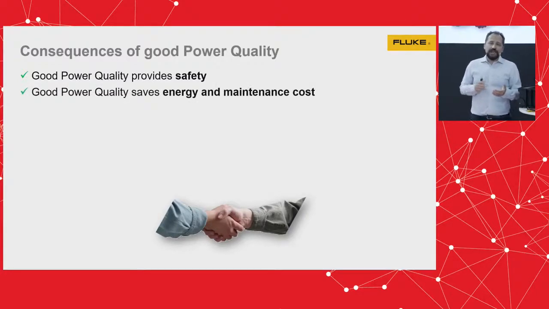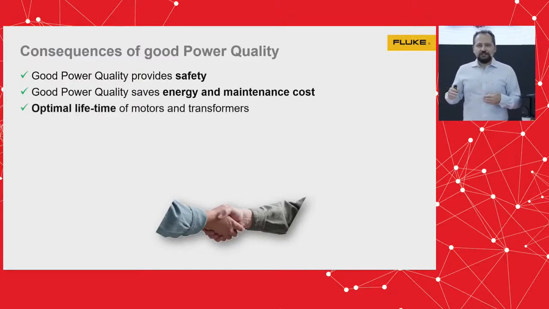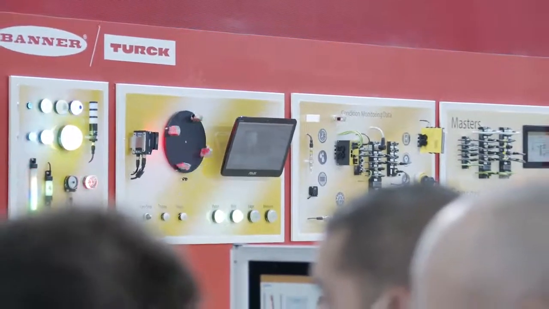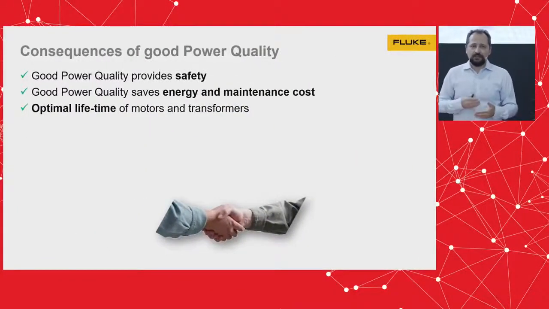Of course, we cut maintenance and energy costs because systems will work in a smoother, more efficient and reliable way. We will extend the lifetime of our assets, our motors, transformers. They will last longer, so we will spend less time maintaining them and invest less money in replacing them.